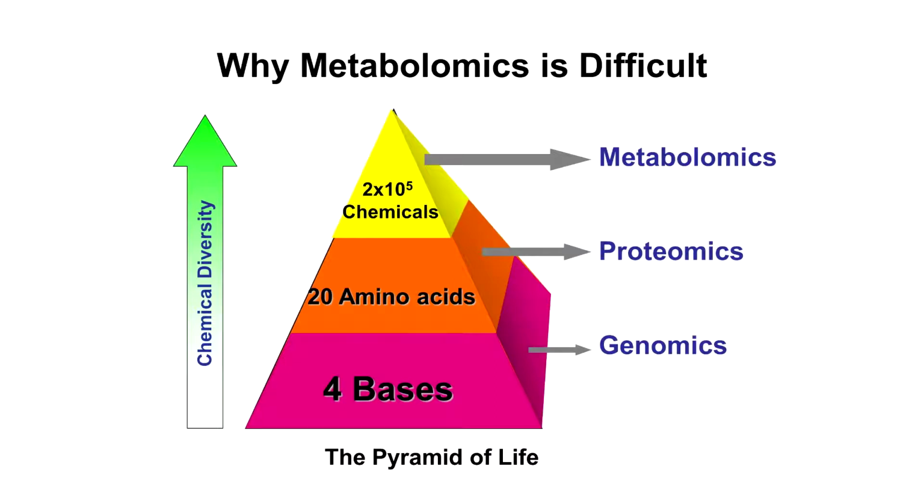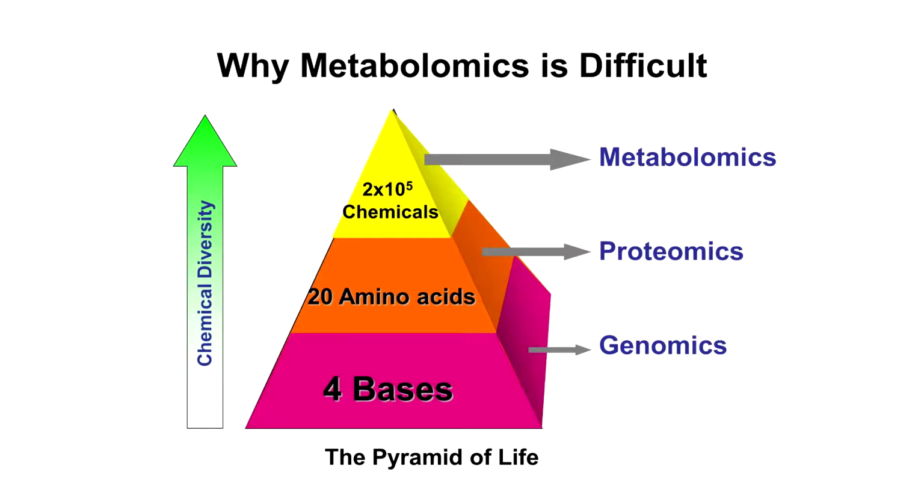In metabolomics, we're dealing with hundreds of thousands of different chemicals, and something on the order of 10,000 different chemical species, which means that they have very, very different behaviors, very different features. So the complexity, the chemical diversity in metabolomics is what makes it so much more difficult, and is what is fundamentally limiting our coverage, at least for now.